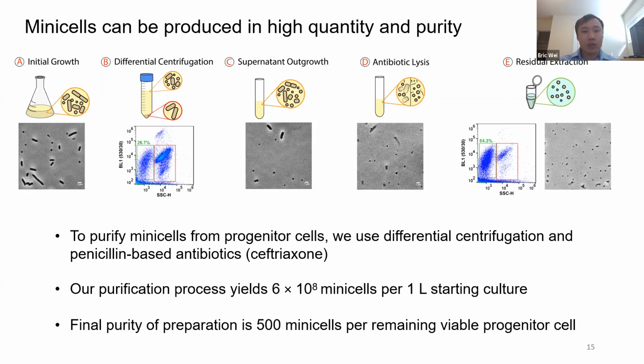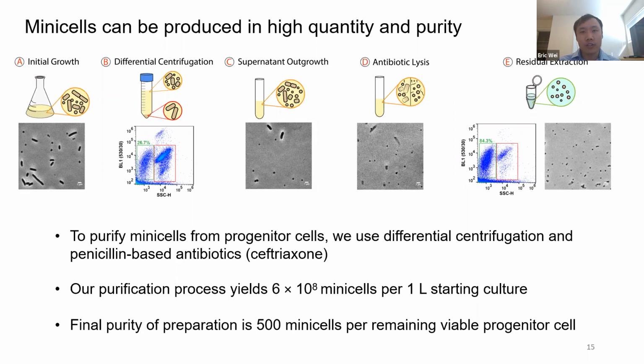Our purification process yields 6 times 10 to the 8th mini cells per 1 liter starting culture, and a final purity of 500 mini cells per remaining viable progenitor cell.